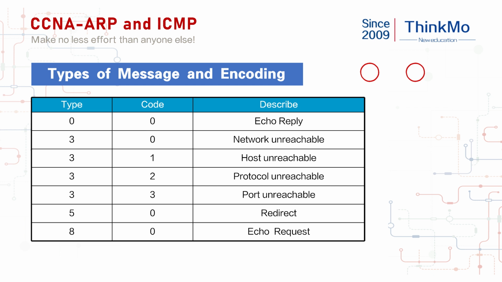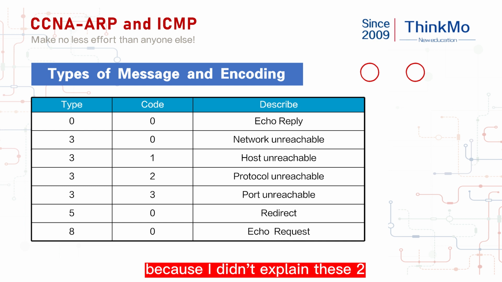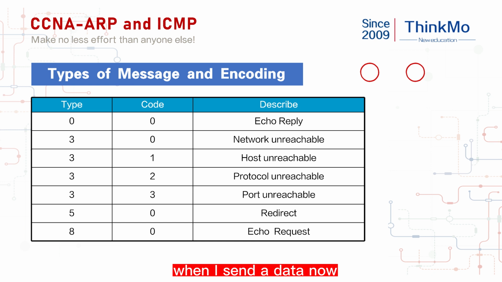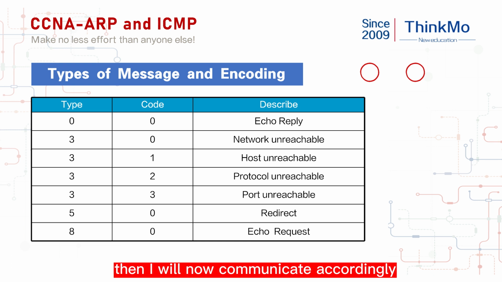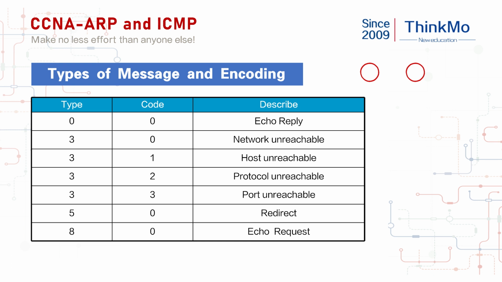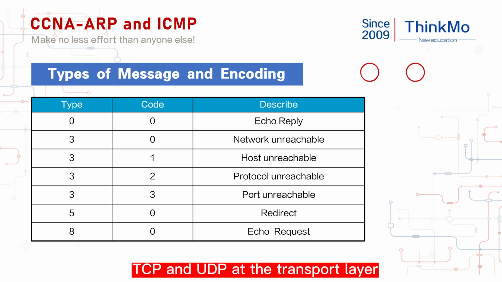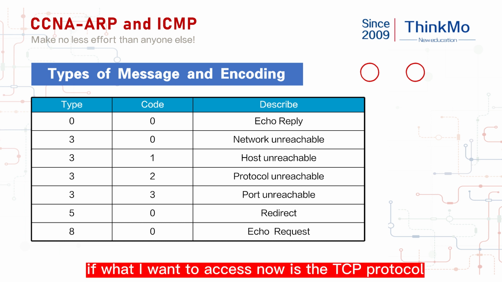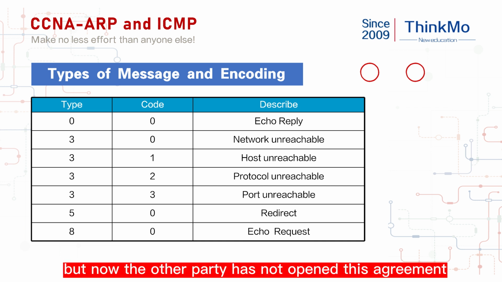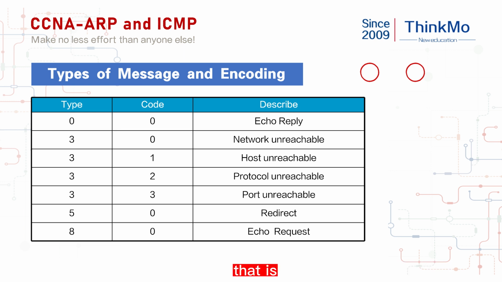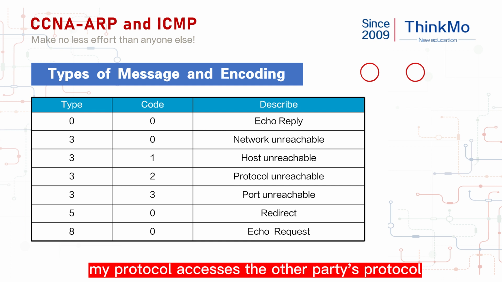Protocol unreachable and port unreachable, because I didn't explain these two. Protocol unreachable means that when I send data, the destination has been reached from the local side, and I will communicate accordingly based on the network layer. Above it there are different protocols, for example TCP and UDP at the transport layer. If what I want to access is the TCP protocol, but the other party has not opened this protocol, I have no way to access it.